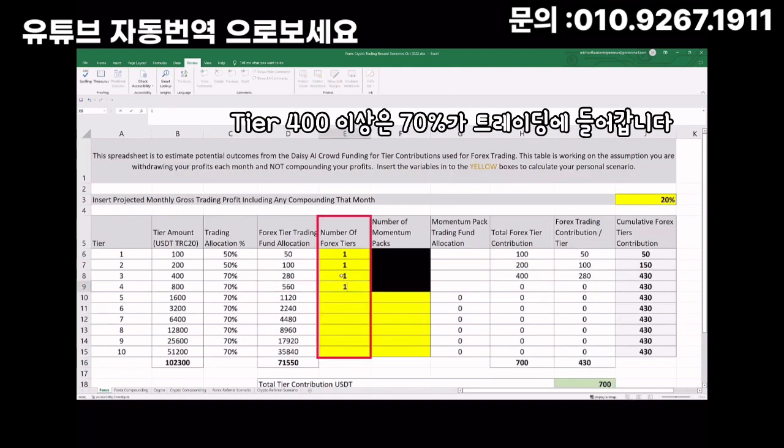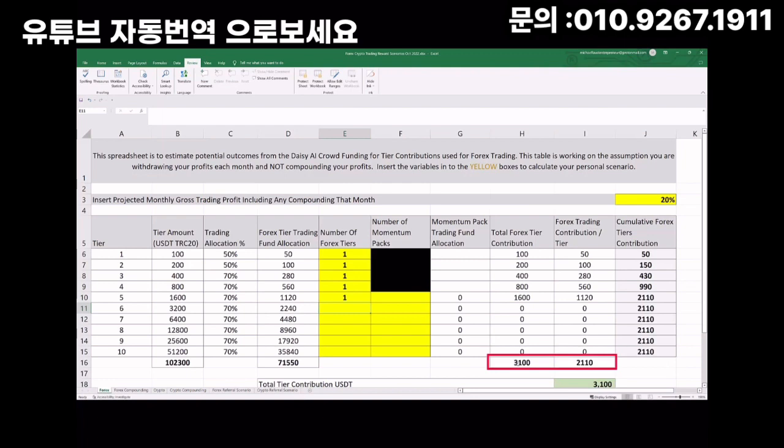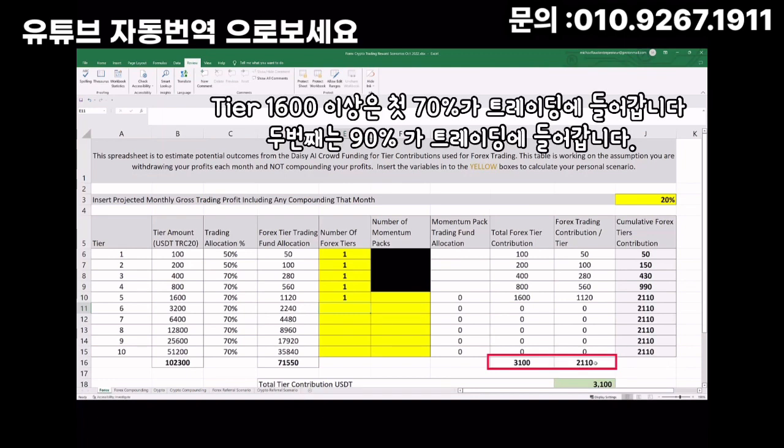If you went all the way to tier 5, where you've got 3,100 in total contributions with 2,110 in the trading pool, you're now eligible to get a momentum pack, this promo that's running in June through to October and beyond, when the Forex trading fund reaches 50 million in contributions.